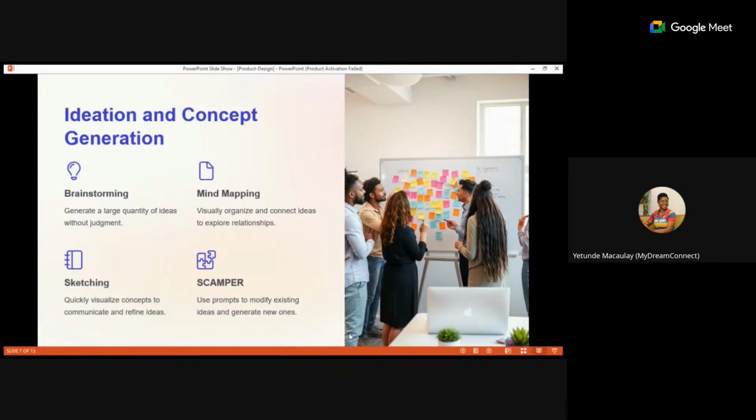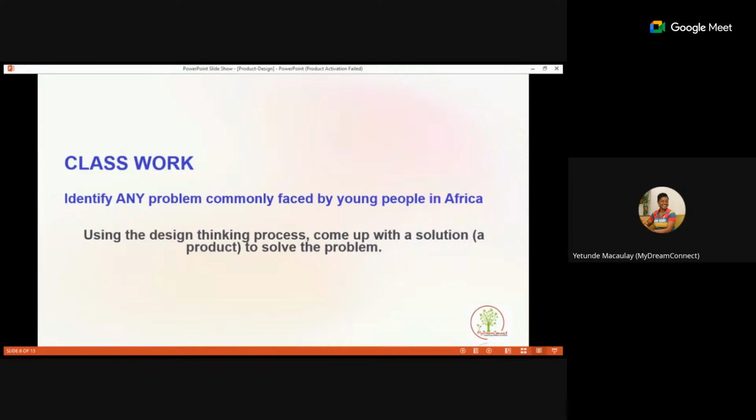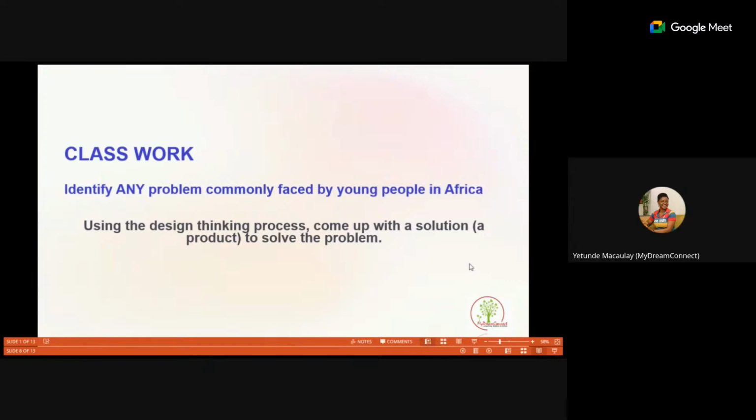So now, can you see my screen? No, ma'am. Oh, that's a big issue. It's still showing the addition, and you still can't see it. Can you see the classwork on the screen? No, it's not showing yet. Okay, so somebody is seeing it.